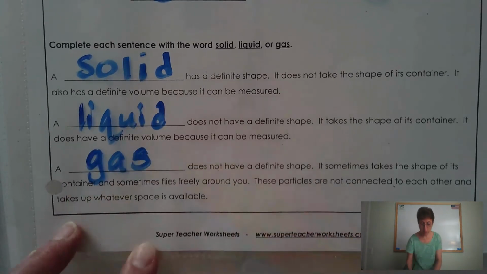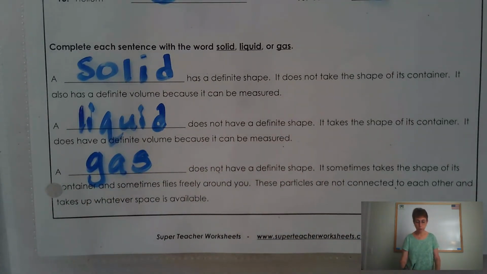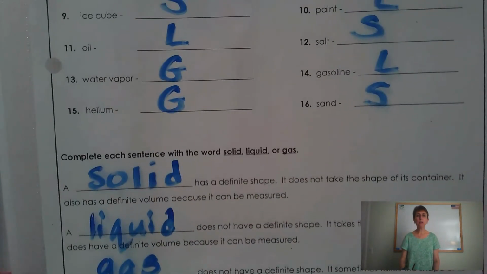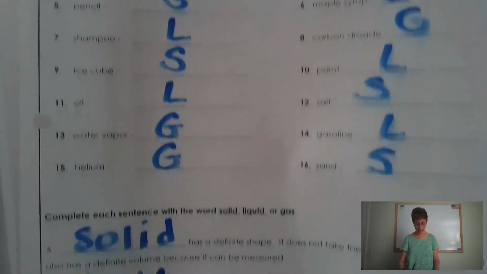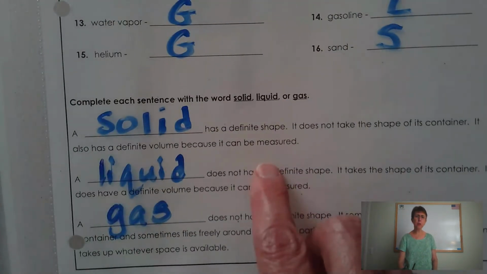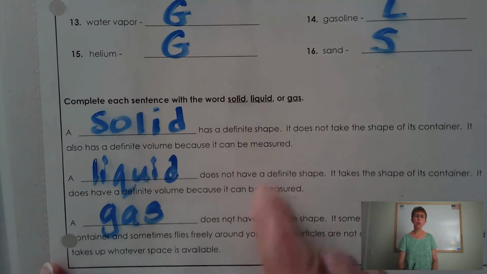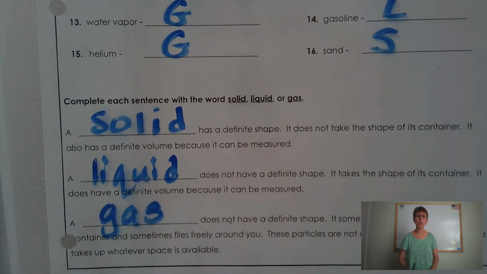So that third one was a gas. So that's an easy review of looking at different objects and deciding whether they are solids, liquids, or gases. And then, of course, most importantly, that you have this clear about the definitions of solid, liquid, and gas, and how they may be similar but also how they are different.